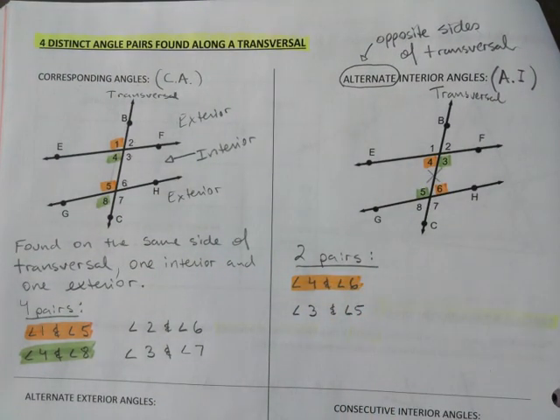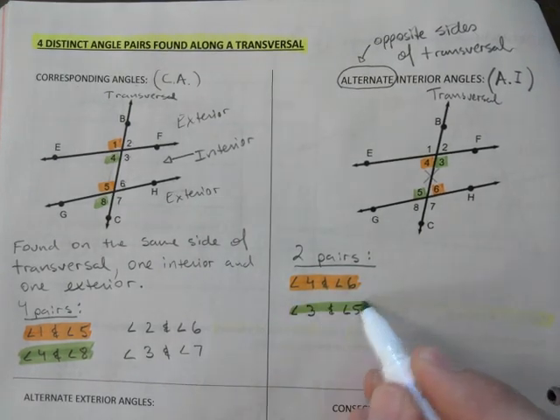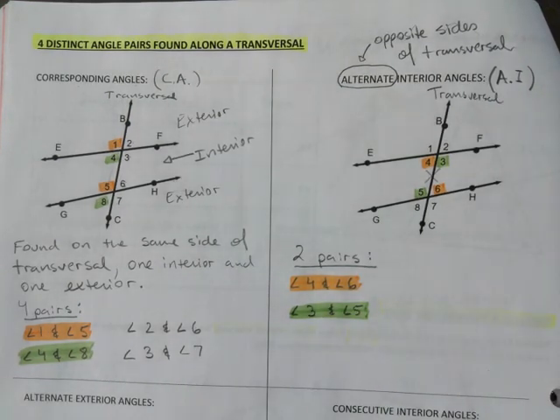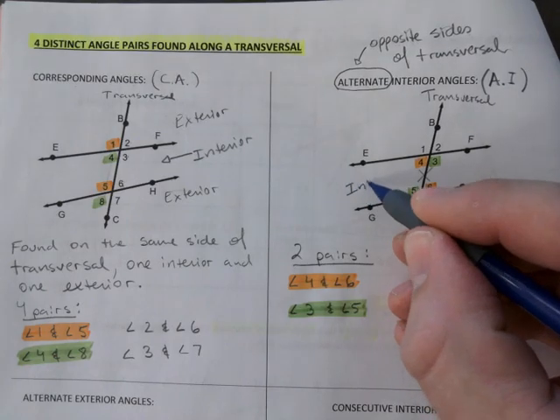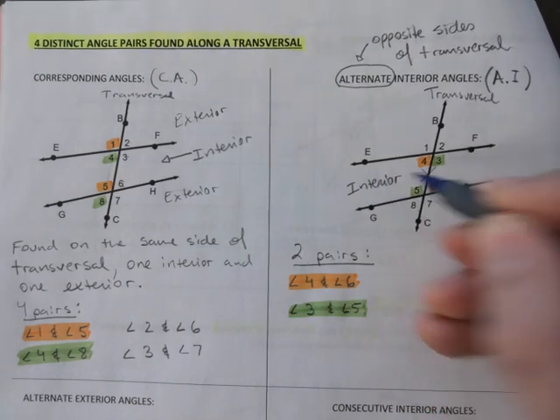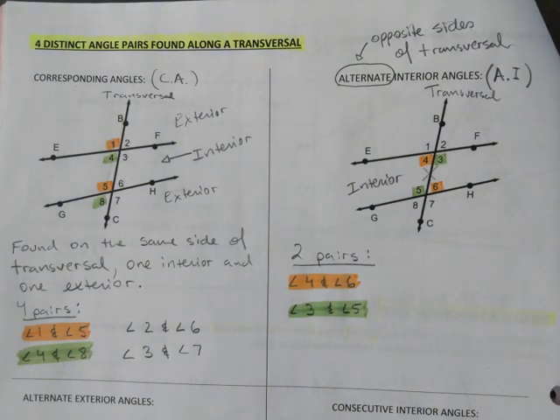I'm going to match my colors like that. And let's add the word interior here, right? And by tomorrow, you should have something on your study sheet that allows you to determine them quite easily.